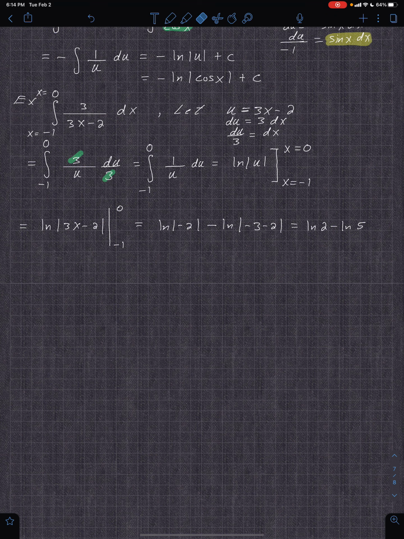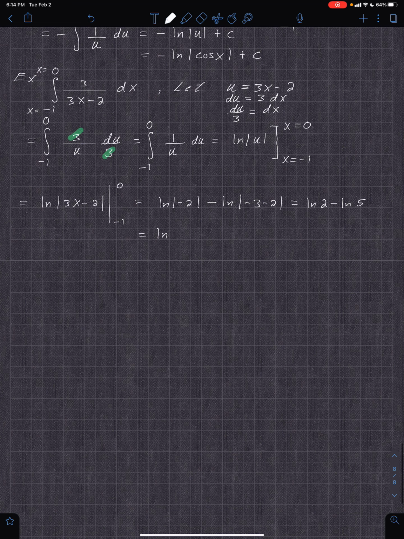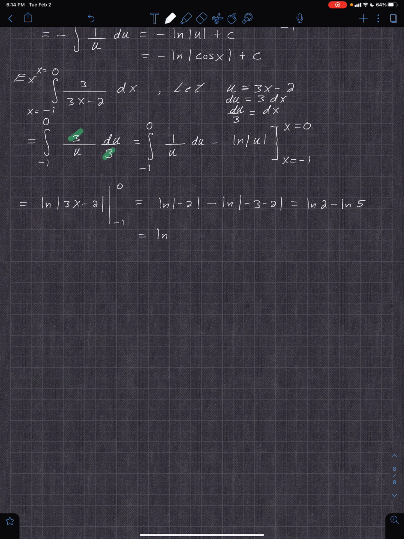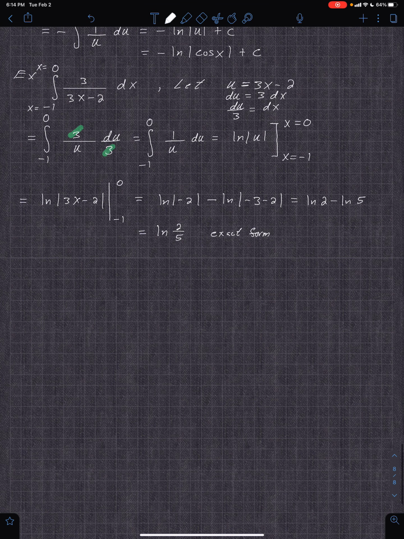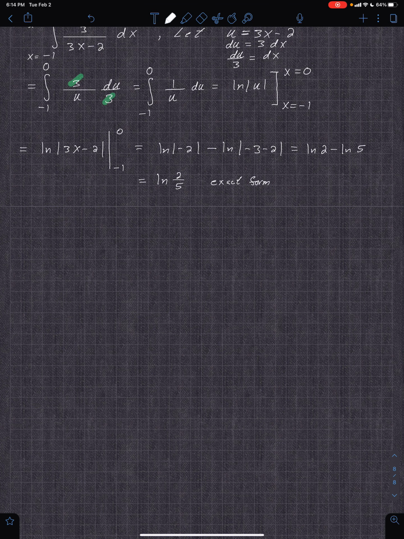Let's put that back over here. So that's equal to ln of 2/5. Whatever that is. I don't really care what the actual decimals are. I want to see the exact form, please. Okay, so exact form. When you go on to physics and your engineering classes, then you can start doing approximations.